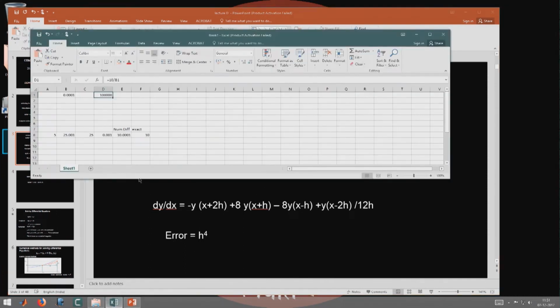We can try that also, with 0.01 as it says. So we say 5, it is calculated as x plus 2h. x square is your problem. So we calculate x plus 2 into h.